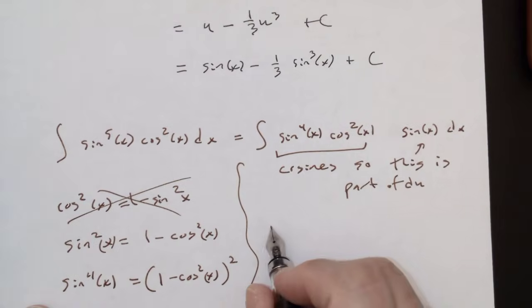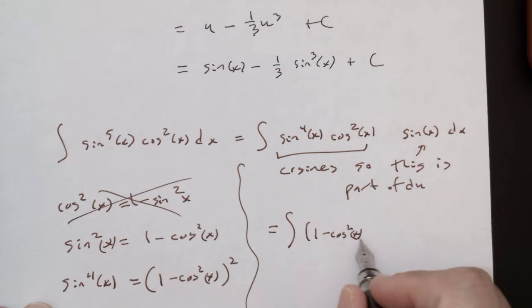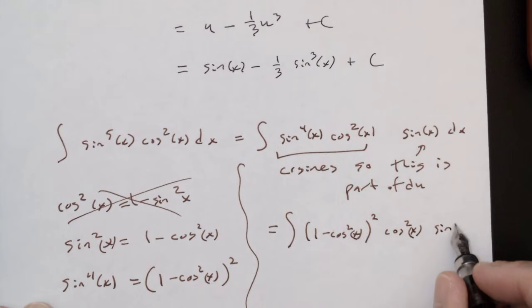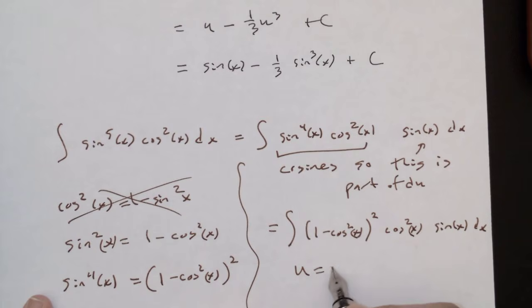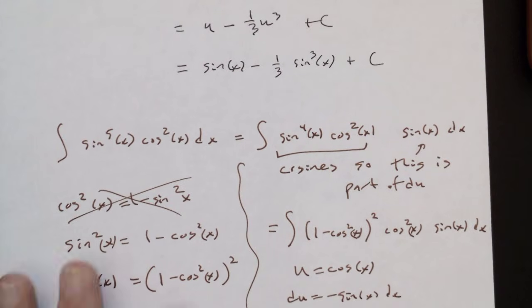So over here, I have the integral of 1 minus cosine squared x all squared, then another cosine squared x, then a sine x, and a dx. If I let u equal cosine x, then du is minus sine x dx. I'm missing the minus sign, Emily. That's what you were pointing out to me earlier. So I'll move the minus onto the other side with the du.